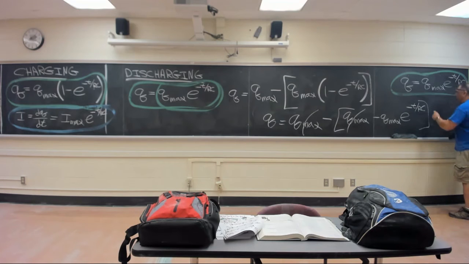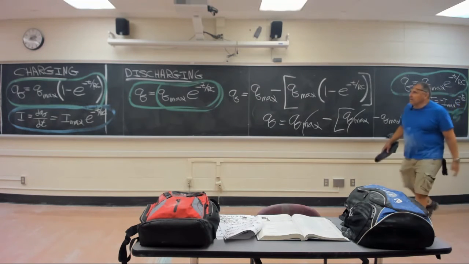So what we have here is negative I max e to the negative t over RC. Same numbers, guys.